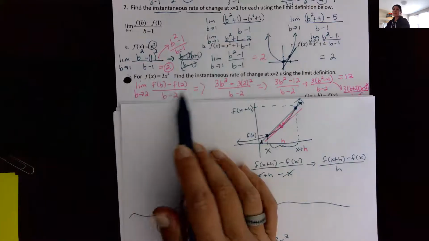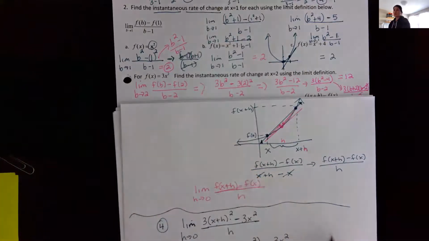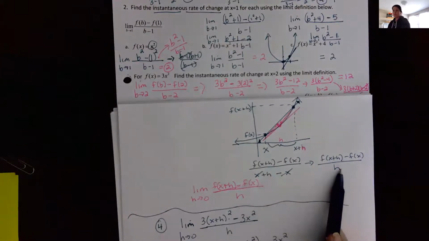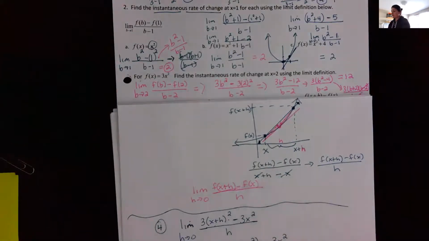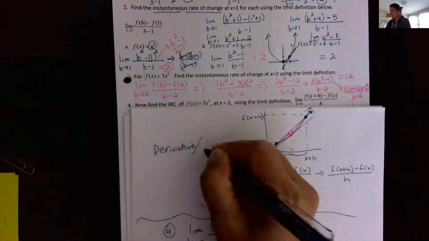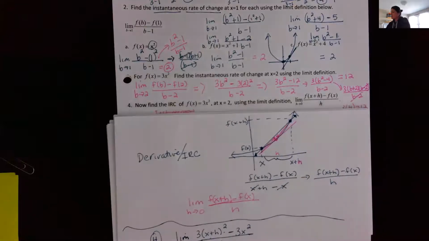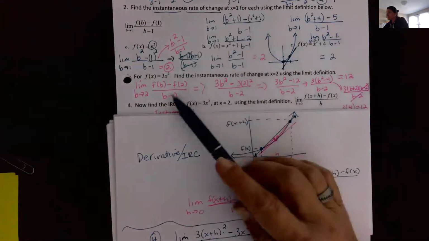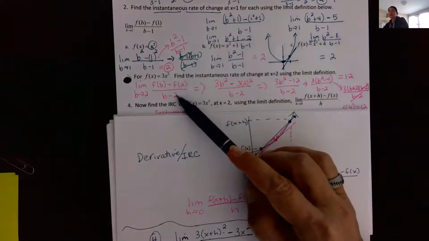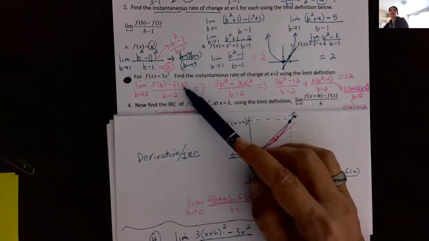This is still a slope formula, but what differs about this formula as opposed to your standard or your traditional limit definition of a derivative, instantaneous rate of change, okay? What's different is that here you're actually plugging in that x value you're approaching into the function itself.